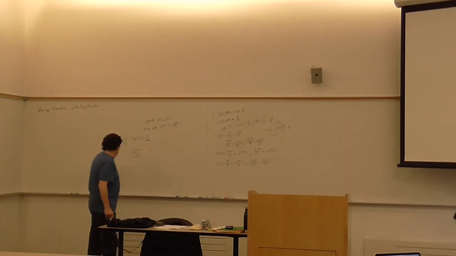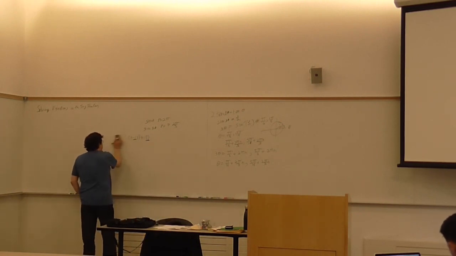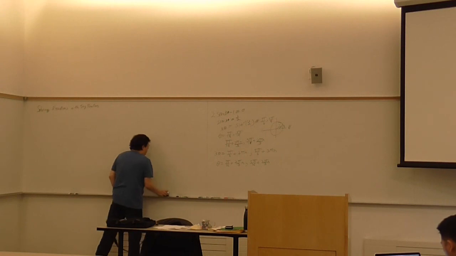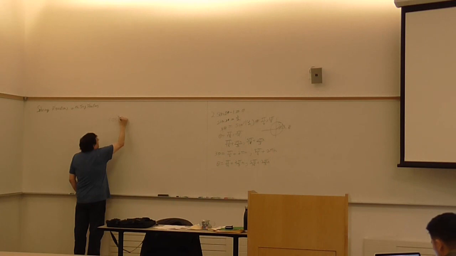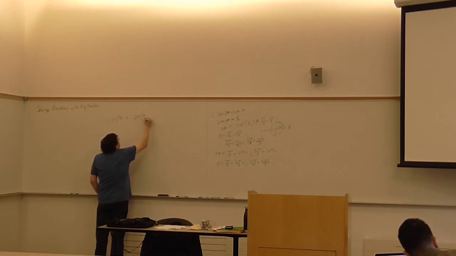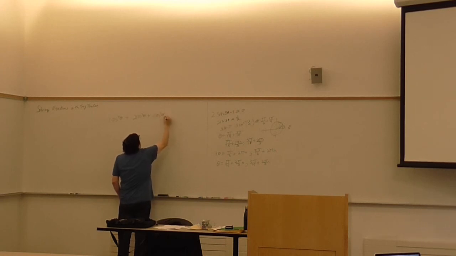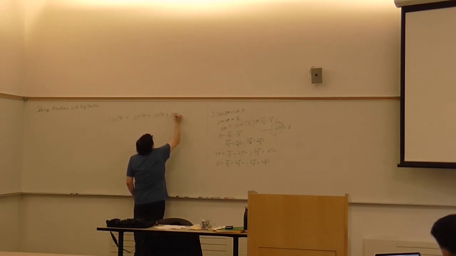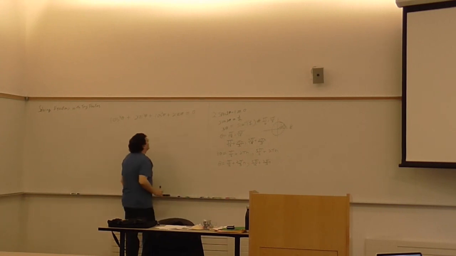So, for example, if I wrote something fairly complicated, like sine to the 4th theta plus 2 cosine cubed theta plus cosine squared theta plus 2 cosine theta equals 0.